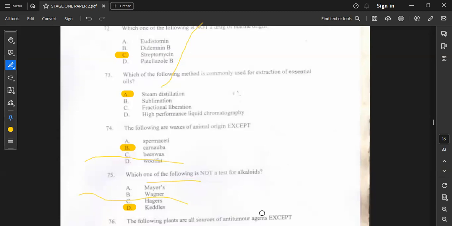Someone said it's Mayer's. Okay, just confirm. Somebody could talk about the alkaloids. I think it's Hager's. The rest form the white precipitate. Yeah, I was also thinking that.